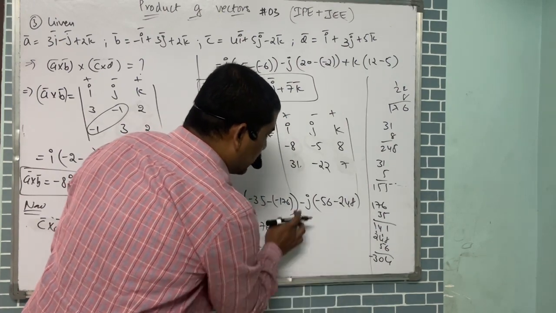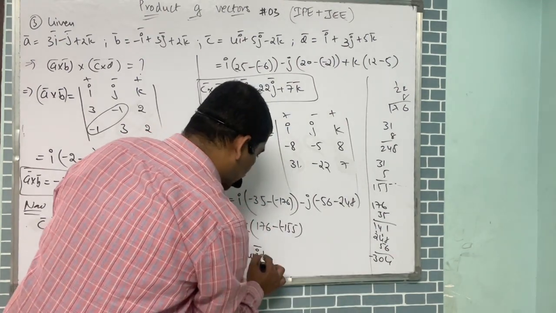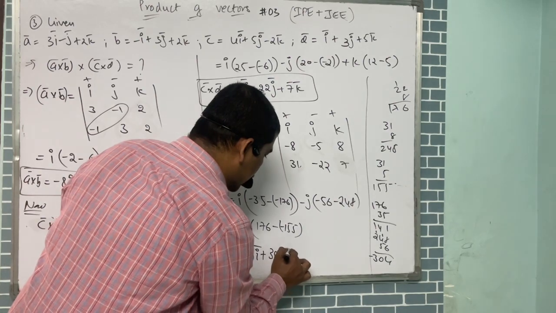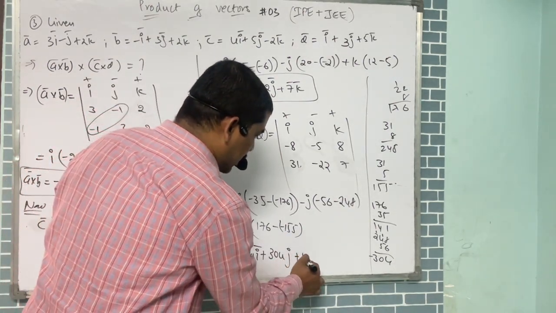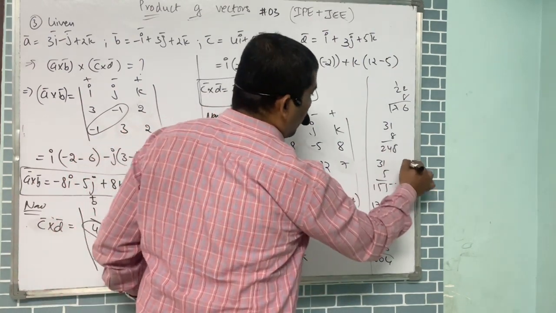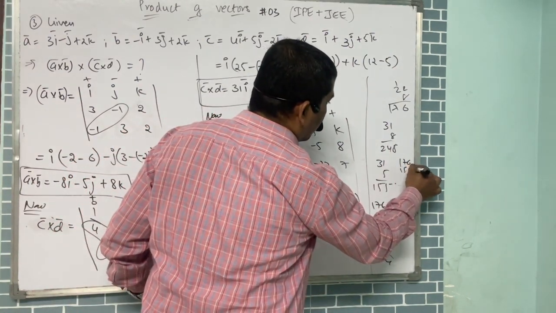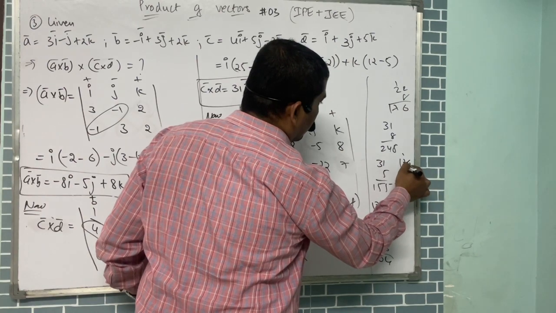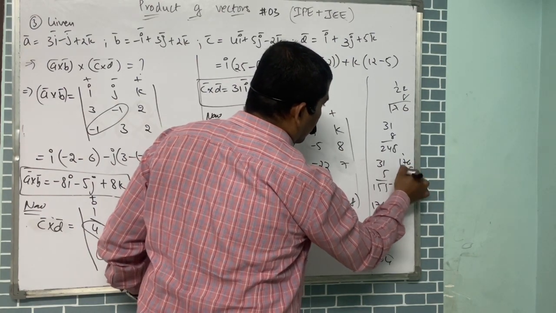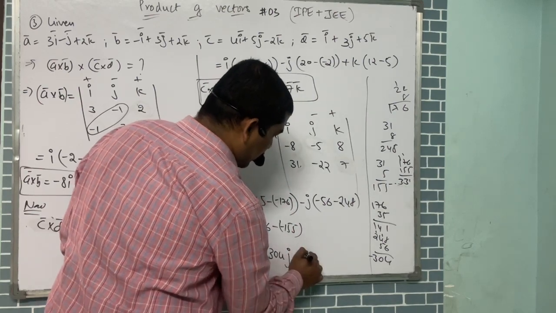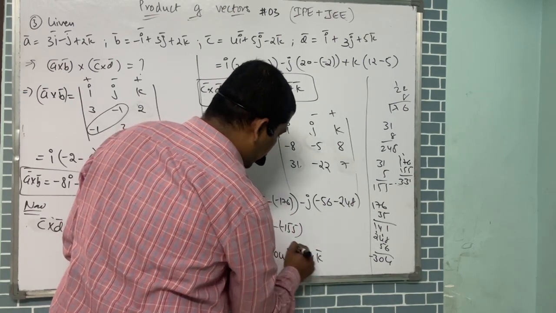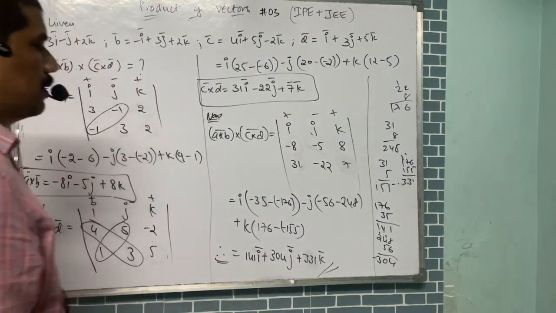So minus 304. Minus into minus plus 304J. Now this is minus into minus, inside plus. So plus K how much? 176 minus 155, that is 21. 331K. This is our answer.